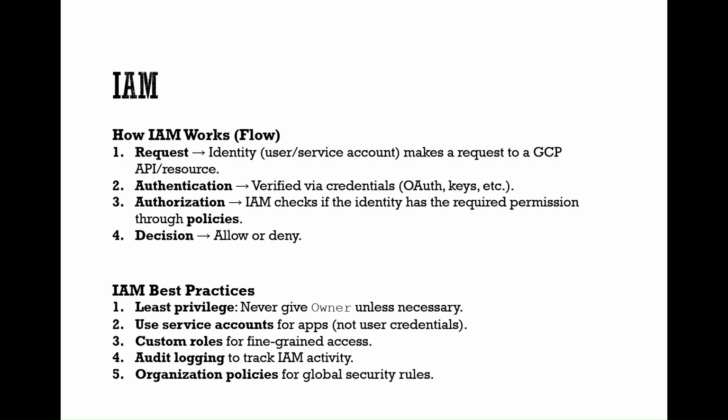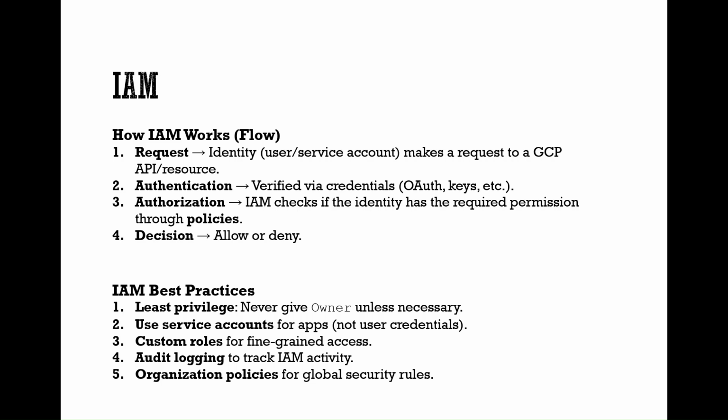First of all, the credentials are verified, whether it's a key or an OAuth login, whatever it is. The authentication identifies that this person is actually a valid one. Then the authorization step comes. This is the place where IAM is used, and let's take an example.